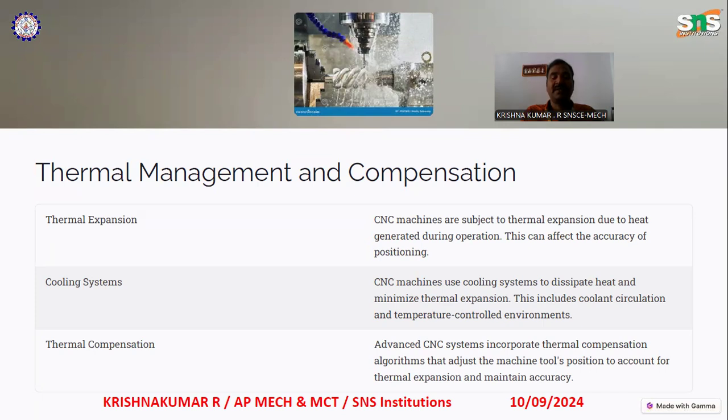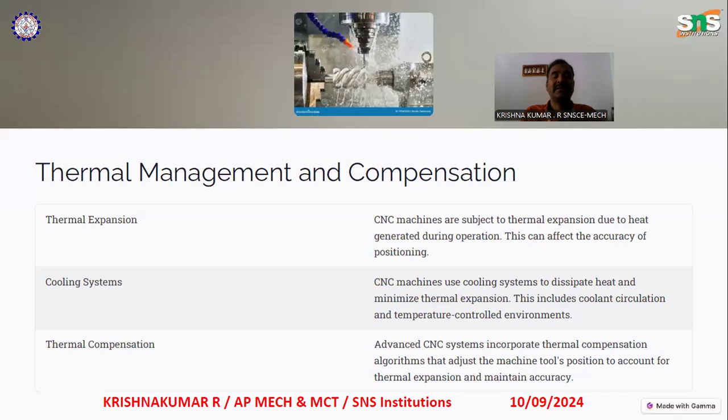Cooling system. CNC machines use cooling systems to dissipate heat and minimize thermal expansion. This includes coolant circulation and temperature controlled environments.